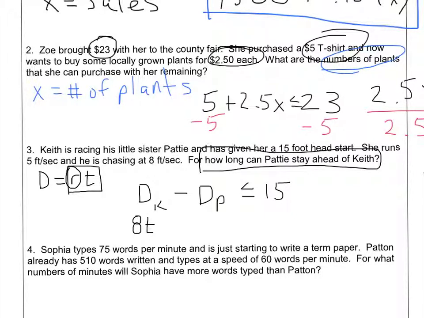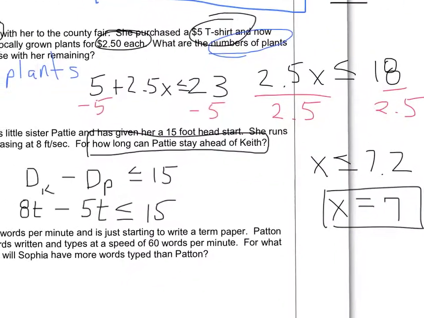That's what we want to find out. The time that it takes for him to catch up would be t, minus the rate of Patty is 5 feet per second, but that's the rate, and we don't know what the time is, so her distance is 5t. We want to know when that will be less than or equal to 15. Okay, now we go ahead and solve.